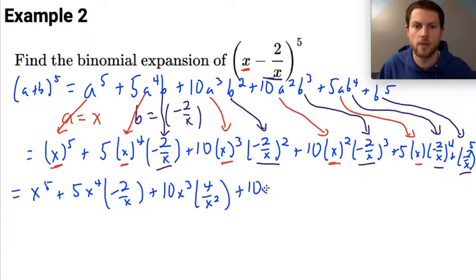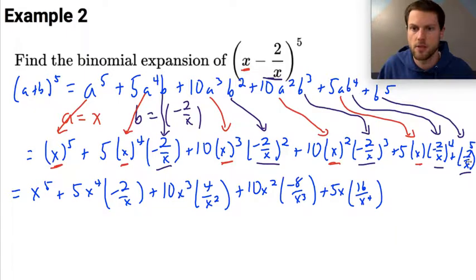Plus 10x squared times, I cubed this, that becomes negative 8 over x cubed. And then plus 5x times all of this to the fourth power becomes 16 over x to the fourth. And then this negative 2 over x to the fifth power becomes negative 32 over x to the fifth. All right, almost there.